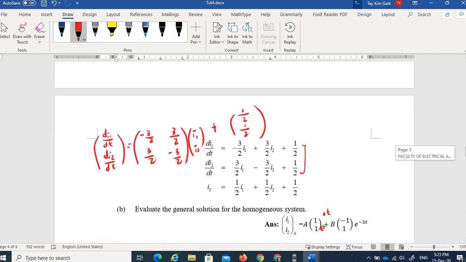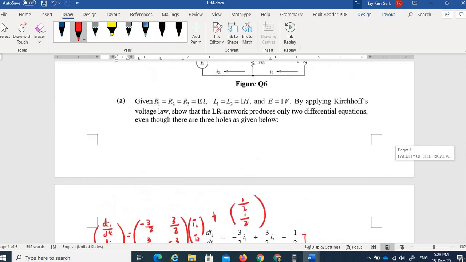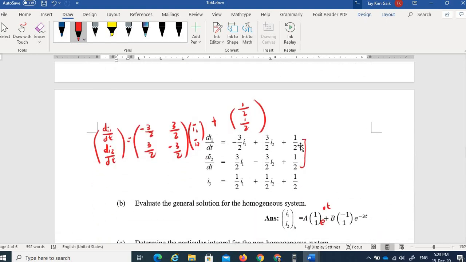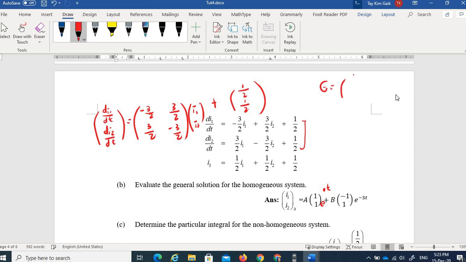You can ignore the application, just solve the equation. Even though there are 3 variables, the non-homogeneous system comes from the first 2 equations. Once you solve I1, I2, then you can find I3. So in this case your vector G is (half, half).